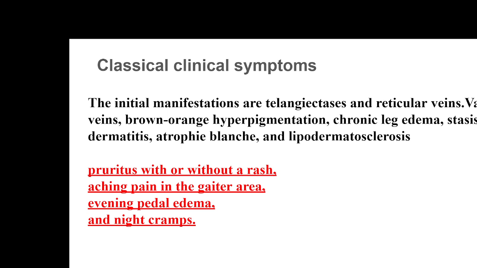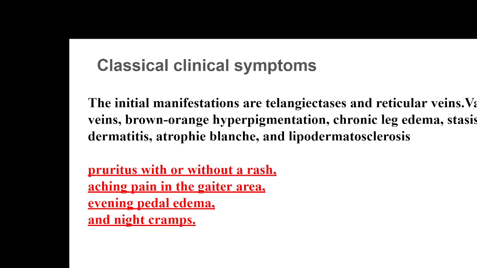The typical clinical presentation is that initially the person would experience itching with or without a rash. Then there could be an aching pain in the gaiter area, that's the shin area. The next course would be that the patient may have pedal edema, mostly at night or evening hours, at the end of the day as the patient works.